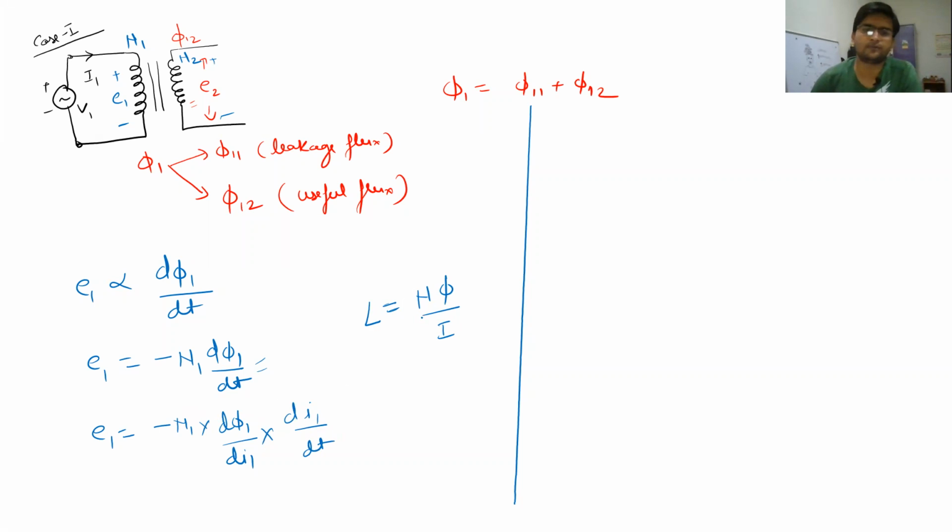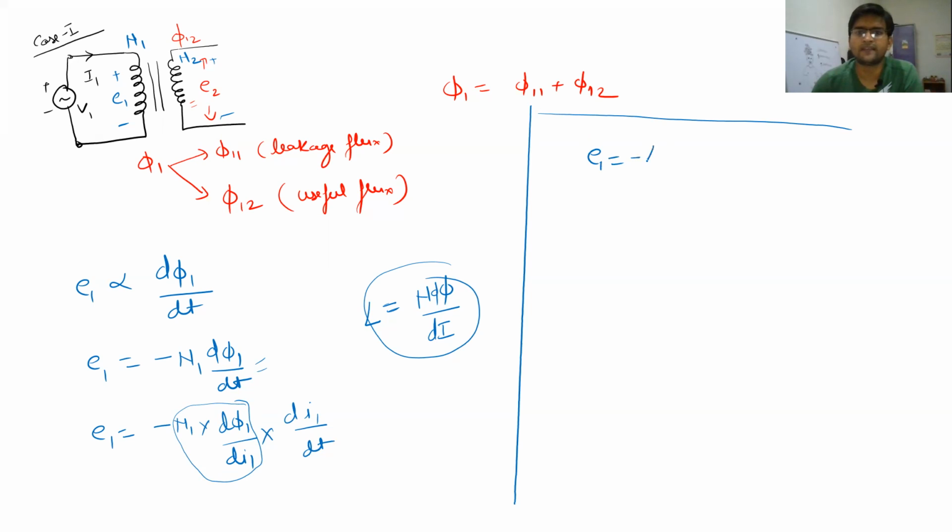So even if you take d phi in place of phi and di in place of I, that is, change in phi and change in current, this formula will hold good. So this whole thing, since it is related to the primary winding, can be replaced with, let me write it here, E1 is equal to minus L1.